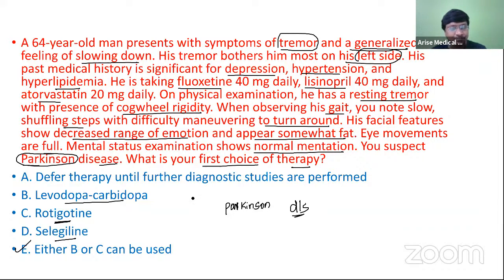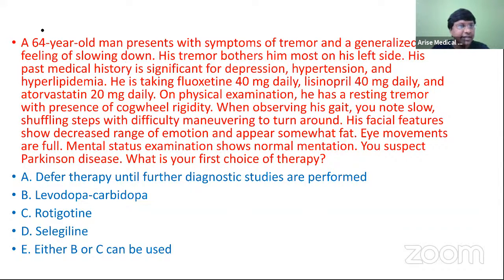Now, what I wanted to tell you from this question is that you should be completely aware of all the features of Parkinsonism. Number one, Parkinsonism is seen in elderly individuals. The next important point, Parkinsonism is characterized by a triad.